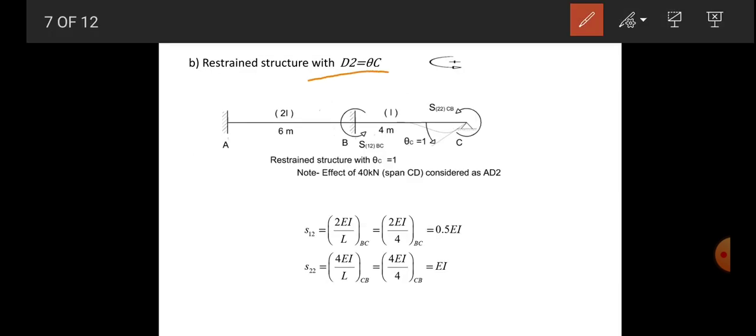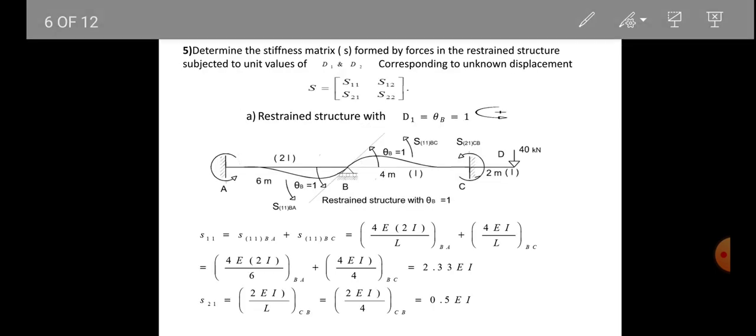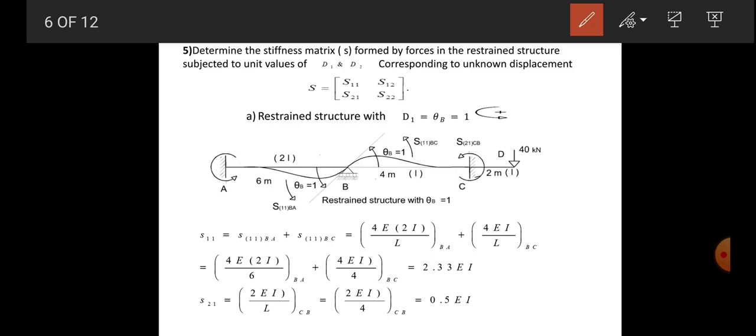Now next is to apply the unit rotation at d2 which is equal to theta c in the anti-clockwise, positive direction. By applying unit rotation at theta c, we will get the second column of the matrix, that means S12 and S22.